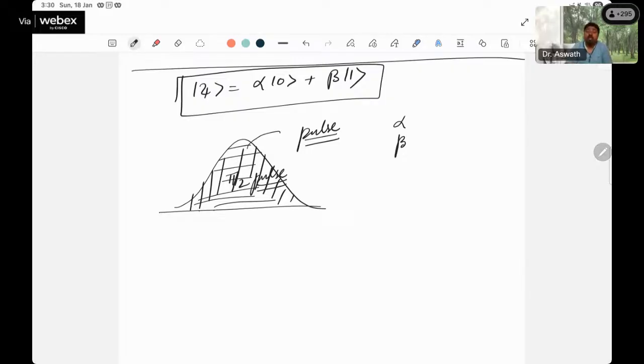In that way, I control the superposition of my coin. It is just like I have a coin and I stick something on the head side, let's say some weight or some small magnet, and if I toss the coin, the other side comes on top more because there is a biasing done for the head side. So the way I'm biasing my coin is, in the case of quantum computing, preparing my pulse to create a superposition.